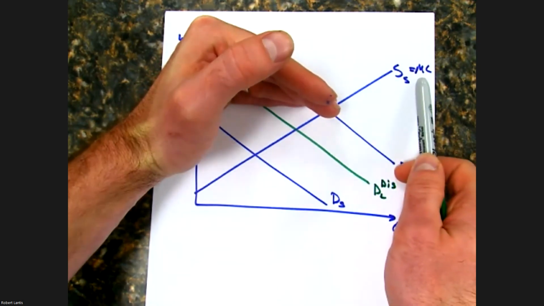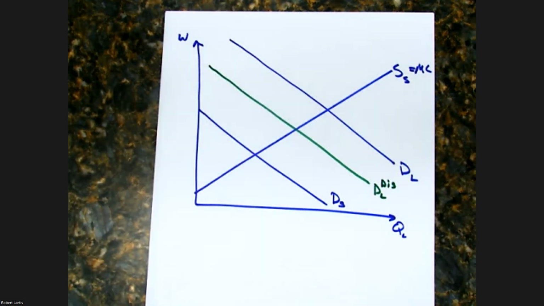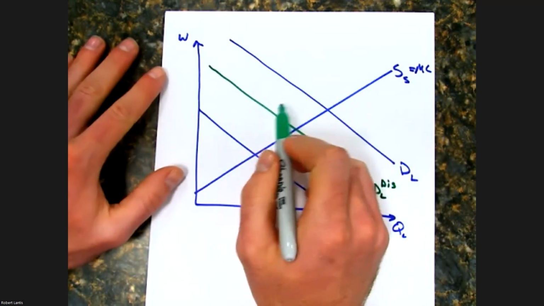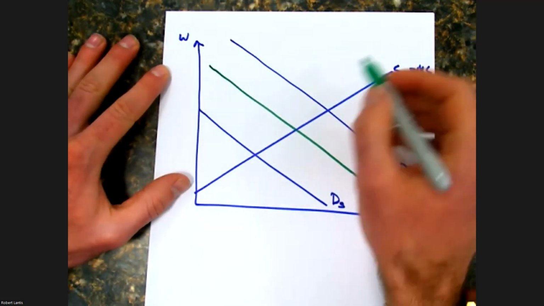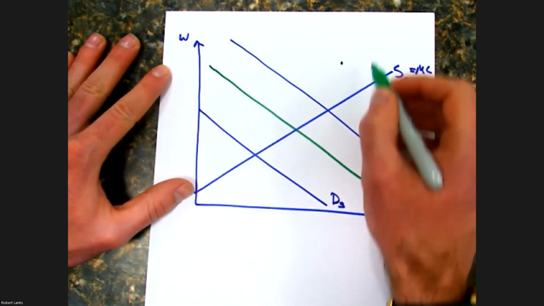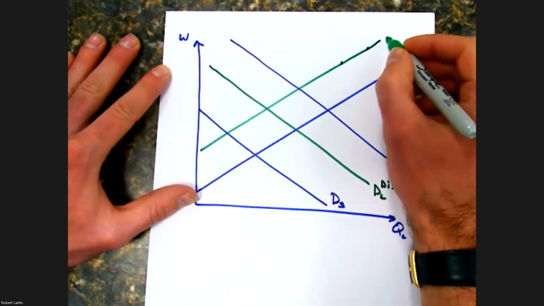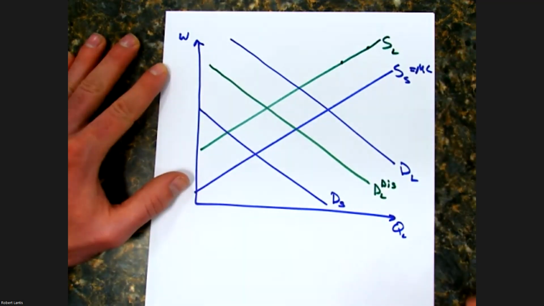What's it doing to my marginal cost? Increasing it. So what's happening in my supply curve? Decreasing, right? If I'm increasing the marginal cost at every single point, I've actually got this decrease in my supply curve.